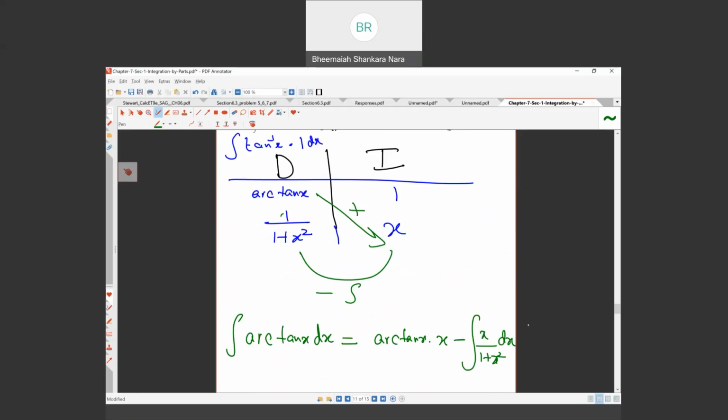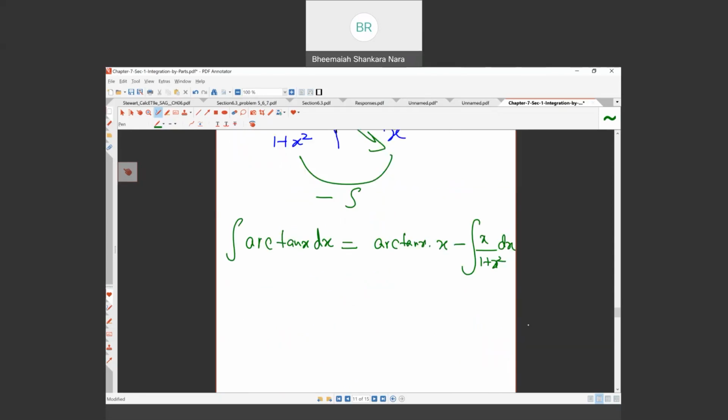Now you want to integrate x over 1 plus x squared. So to do this, let me multiply 1/2 outside and then 2 on the top.